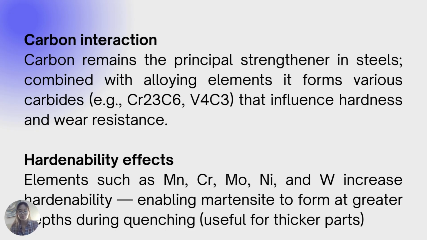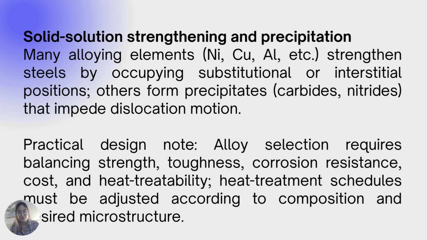When it comes to hardenability, elements such as Mn, Cr, Mo, Ni, and W help austenite form deeper below the surface during quenching, an important factor for thick or high-performance parts. Finally, solid solution strengthening and precipitation hardening further refine the structures.